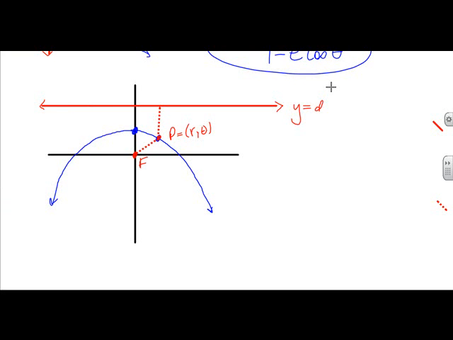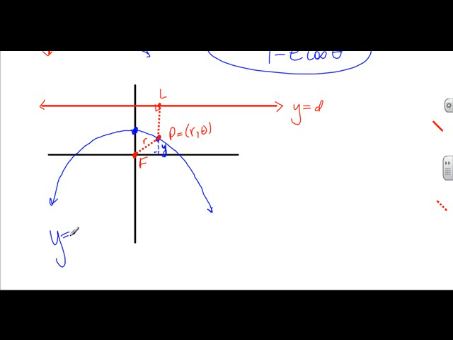The distance from P to L this time is going to be d minus this y value in this little right triangle. And y is r times the sine of theta.